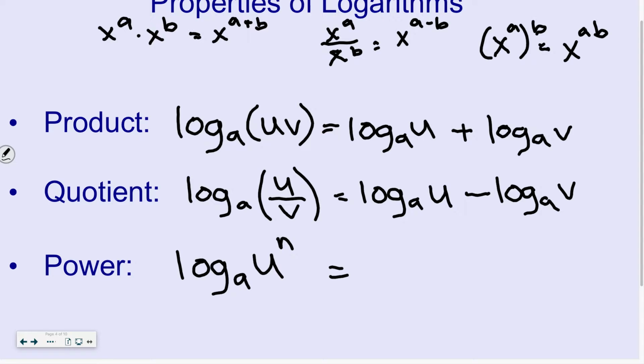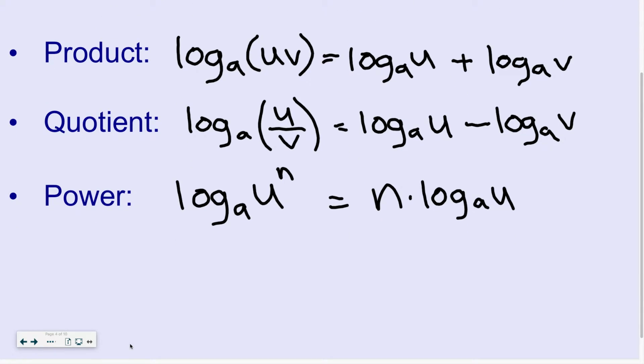It's the exponent n, right? And we should multiply it with the other exponent, which is the log base a of u. So the property looks like n times the log base a of u. A lot of times when I talk about that in Algebra 2, we talk about dropping the exponent. So the exponent drops right in front of the log, becomes the coefficient to the log.